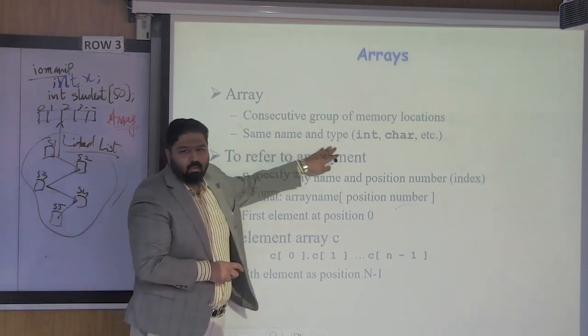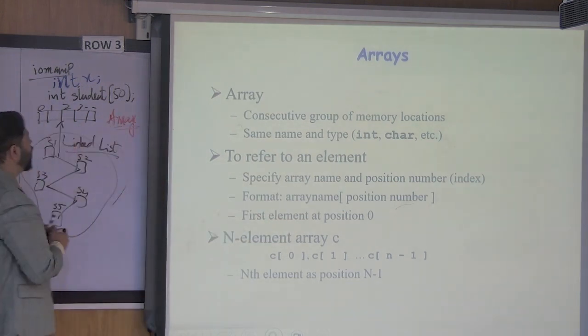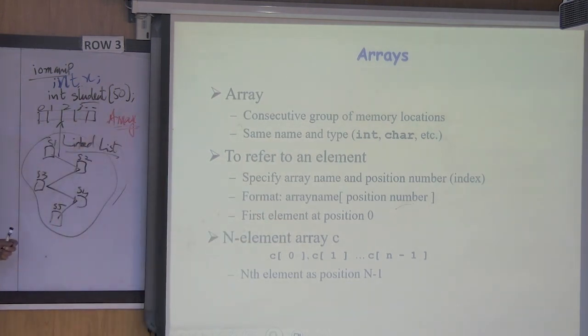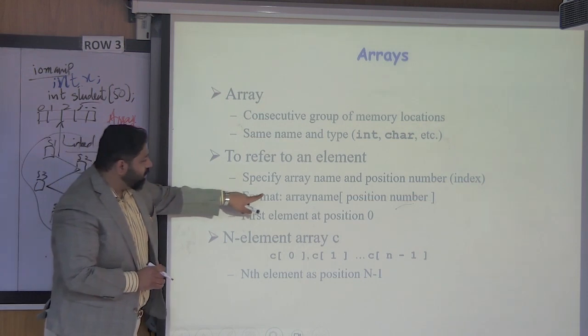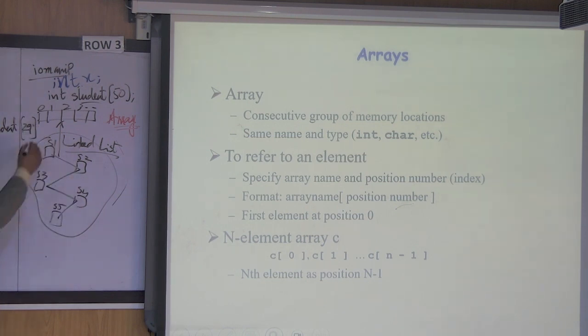Same name and type. To refer to a particular element, आपने उस डेटा स्ट्रक्चर का नाम लिखना है, लेकिन डेटा स्ट्रक्चर का नाम क्या है? स्टूडेंट. If I am talking about student number 30, typically semicolon, cout, उसकी वैल्यू.